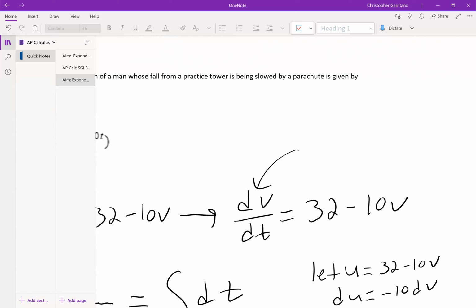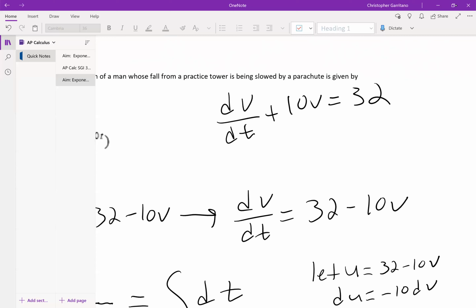Now, you might be tempted to separate this problem in the following way. You might want to subtract 10v from both sides as your first step and express it this way. But you'll notice that if you do this, you still have both differentials on the same side, and this is not going to allow you to integrate in order to find the antiderivatives.